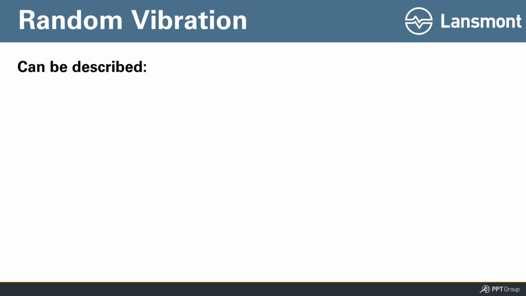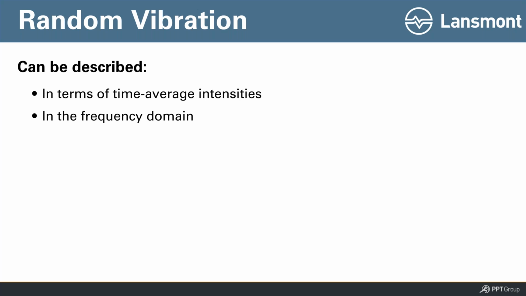So when we talk about random vibration, we can describe it in terms of time average intensities, and I'll explain that moving forward. In terms of time average intensities, we can describe random vibration in what we call the frequency domain. I'm going to show you that as well. And we do that in the frequency domain by using what we call power spectral density plots, PSDs. You hear PSD referred to quite often in our world, either on the measurement side or on the testing side.